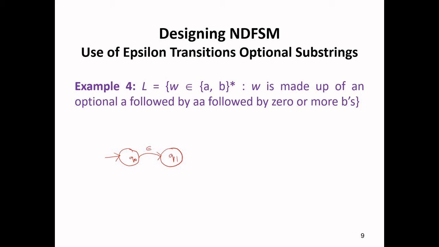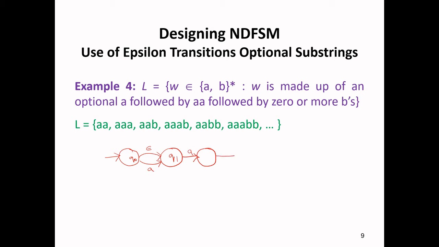Either epsilon or an A. So this completes an optional A. It has reached state Q1, either epsilon or A. Then it is followed by 2 consecutive A's. 1 A and 2 A reaching state Q2 and Q3. So this part is over. Followed by 2 A's is over.